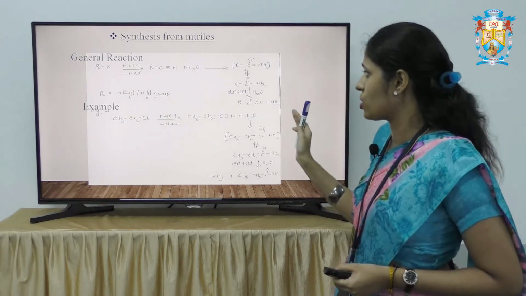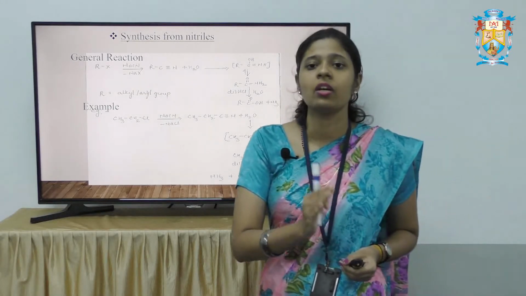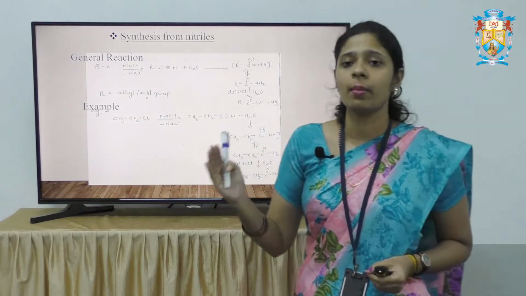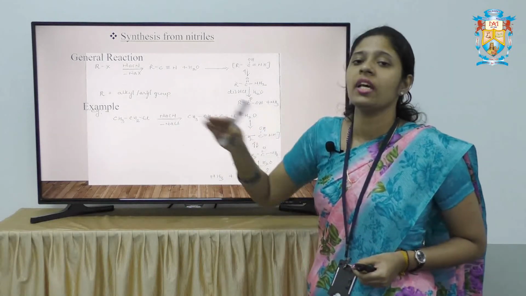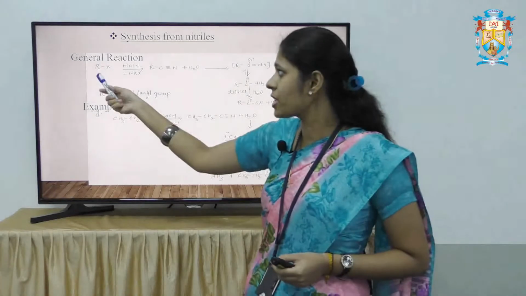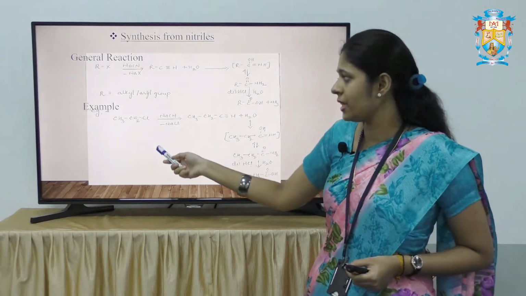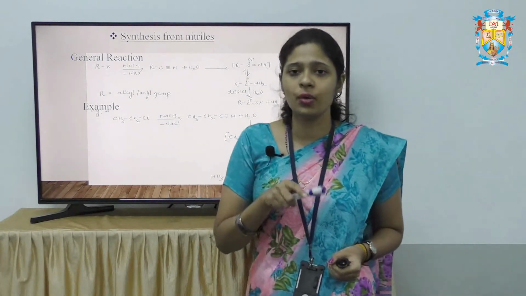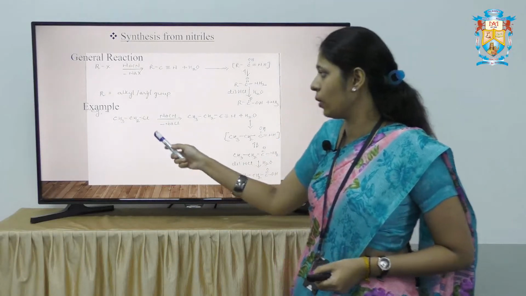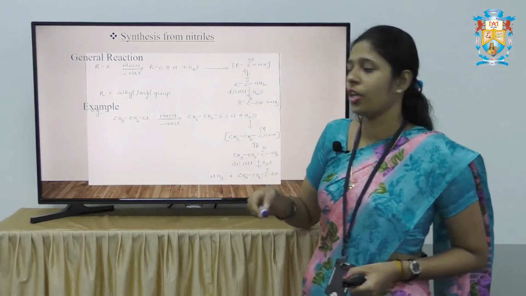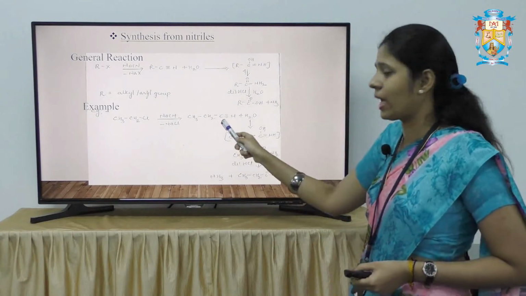Now in this reaction we see that the nitriles are getting converted into an acid, that is carboxylic acid. So this is the general reaction in which the R group is used. This R group is an alkyl or an aryl group. So these are the examples where the R group is replaced by CH3 and CH2, that is ethyl chloride, which gets converted into an ethyl nitrile, which has the C triple bond N group, you can see.